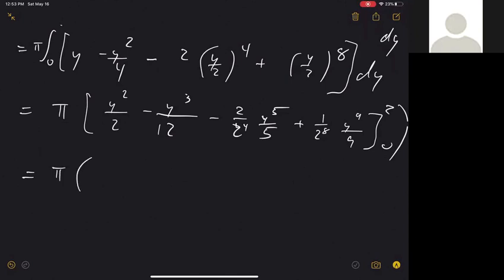Plugging in 2, I'll get 4 over 2, which is 2, minus 8 over 12, minus 1 over 8 times 32 over 5, plus 1 over 2 to the 8th. That's gross, but it's going to simplify a lot.